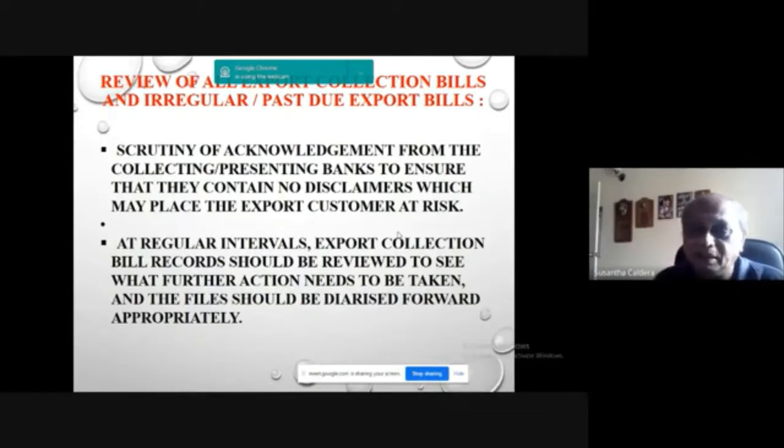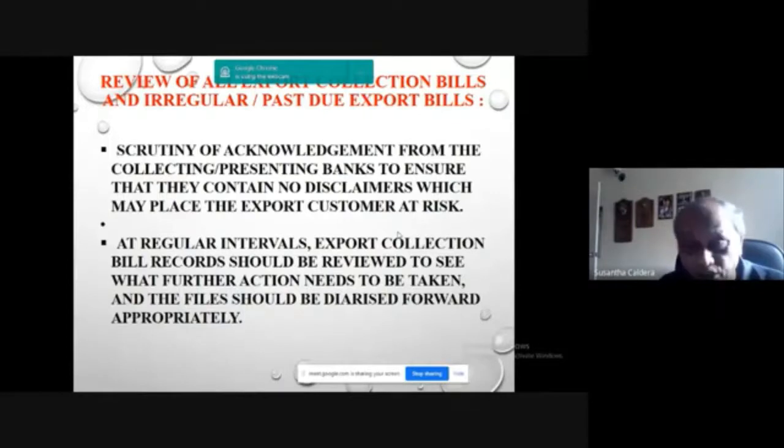Now, we always ask the collecting bank to send the acknowledgement. In the collection order form, we request them regarding release of goods, storage and insurance, as well as protest. All three areas.